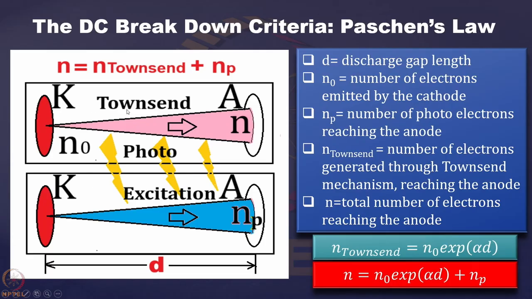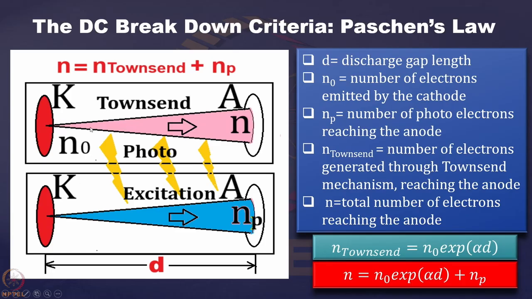So there is one mechanism, the Townsend mechanism, by which the electrons are multiplied, and another mechanism, photoionization, by which additional electrons are produced. That is why I have shown these two.